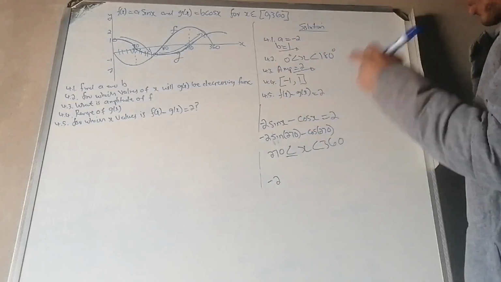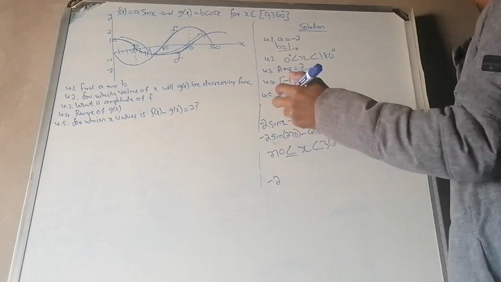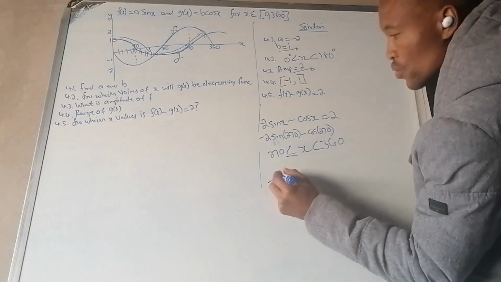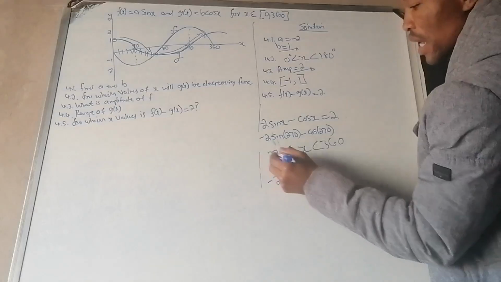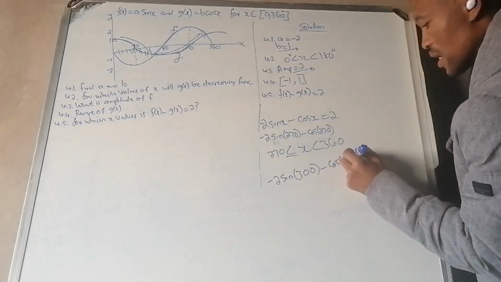Right, ha re shebe ka values that are greater or equal to 270. Ha re nke for example -2 the sine of 300 minus the cos of 300.